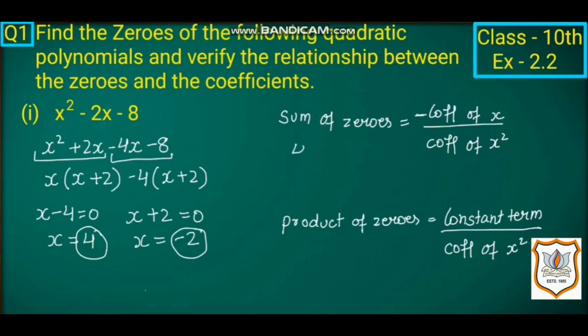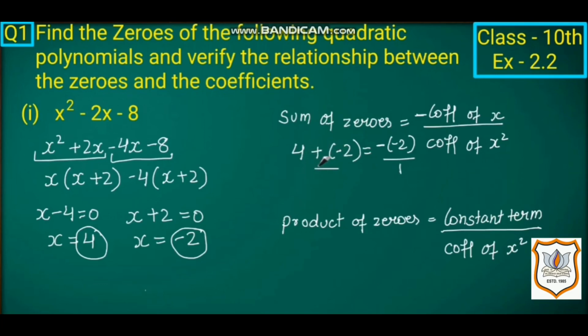So we can write 4 plus minus 2 equals, we have written both those values, and we have to write the coefficient of x. The coefficient of x equals minus 2 upon the coefficient of x square. We have the coefficient of x square equal to 1.